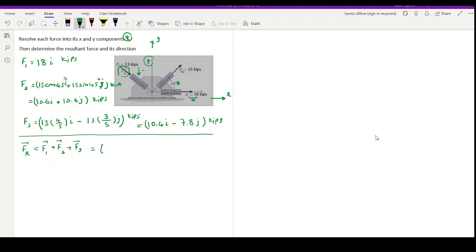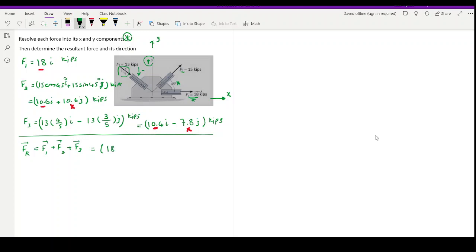So it's easy. Just first collect the i components of each force, or add each i component to each other, and then the j components to each other.